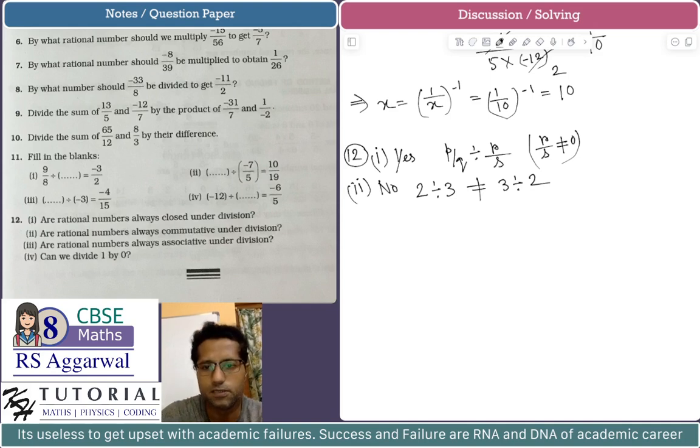Since this is 2 by 3 and this is 3 by 2, 2 by 3 is not equal to 3 by 2. So definitely rational numbers are not always commutative under division.